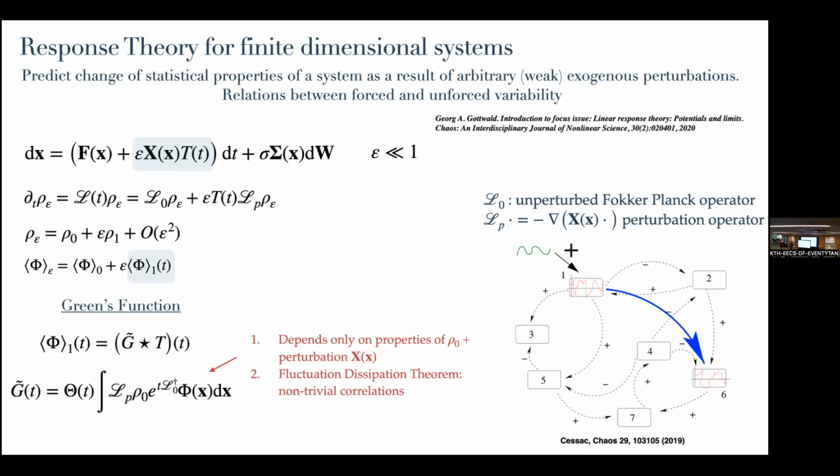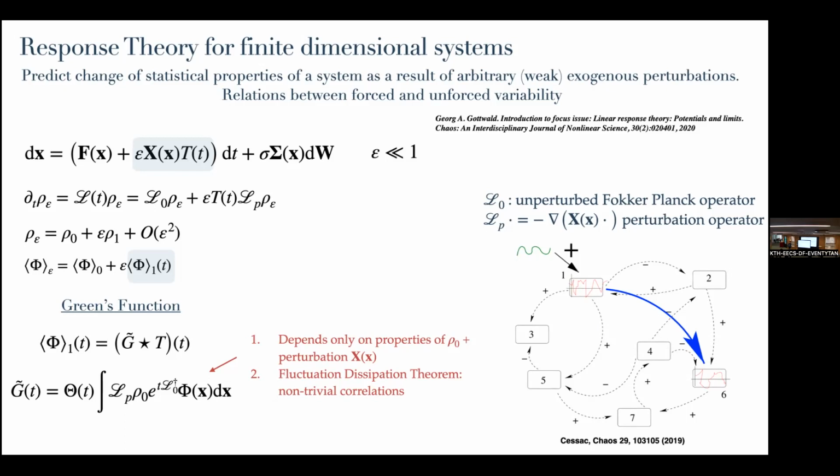So response theory, if you're not familiar, has been mentioned today a few times. Basically it was developed initially for statistical systems that were near equilibrium. But actually, 50 or 60 years ago, it was expanded to include far more general systems, including non-equilibrium, highly dissipative systems that show chaotic behaviors.